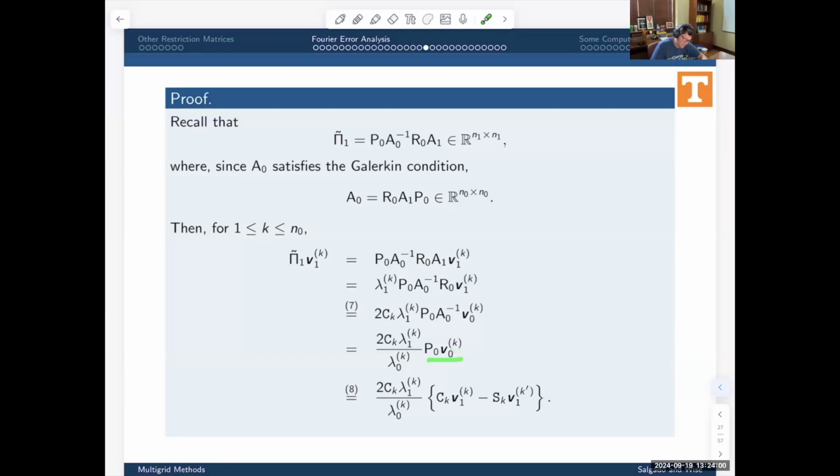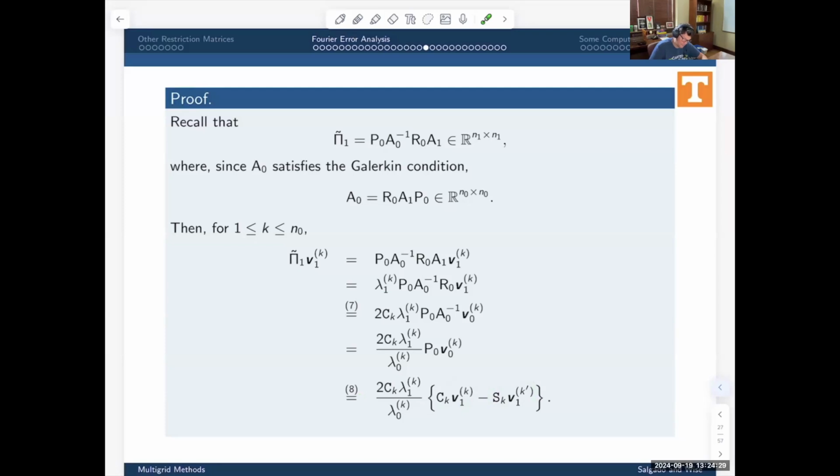So how does this action work? Well, we proved that the result of this action is to produce that vector. CKV1K, so it gives us the low frequency mode back with a prefactor of CK, and through aliasing it produces this vector. So that's from equation 8.